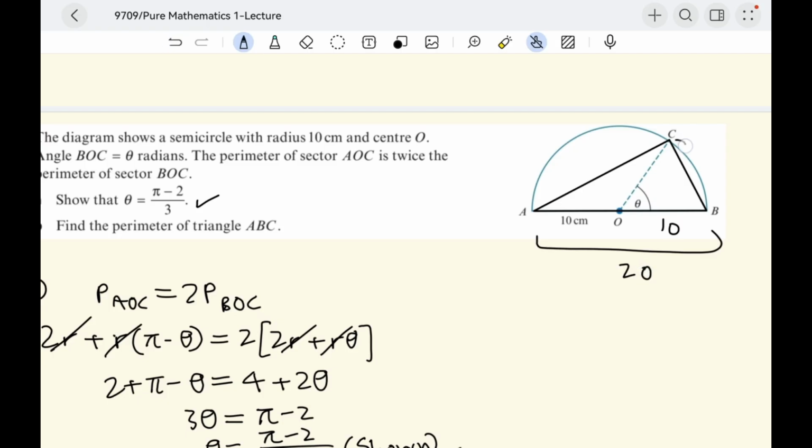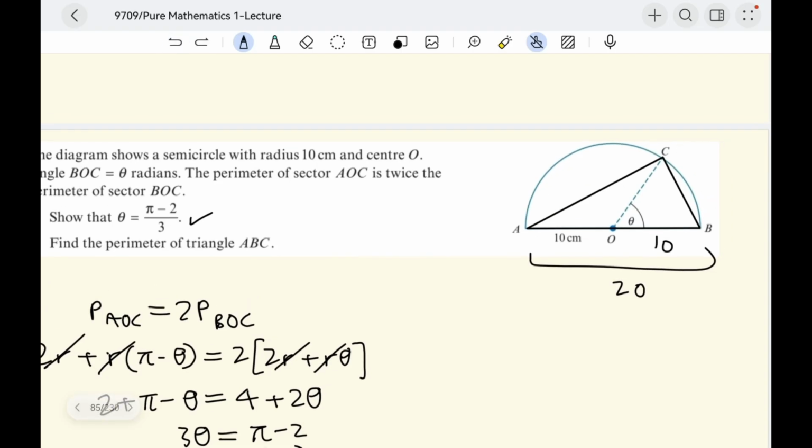So how to get BC and AC? If you realize that BC is the length of the chord that is inscribed inside the sector. Let's ignore that it is a semicircle and focus on this sector. I mean the length of the chord inscribed inside the sector OBC.